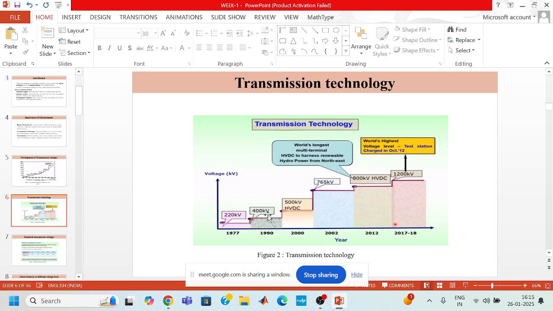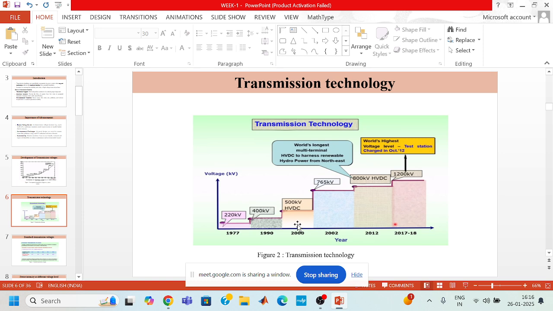In 2000 we started using HVDC, though to an extent earlier as well. We used 500 kilovolt HVDC, because HVDC is much more beneficial for long distance transmission, where huge power can be transmitted over long distances. This is one of the major advantages of going in for HVDC.